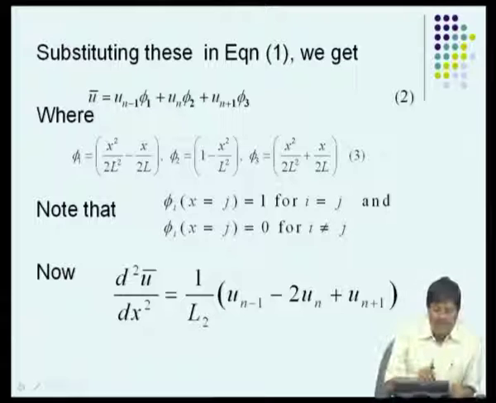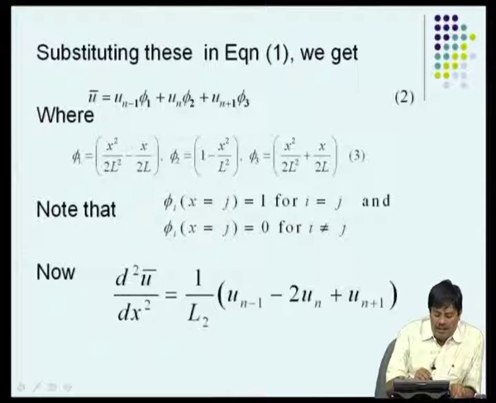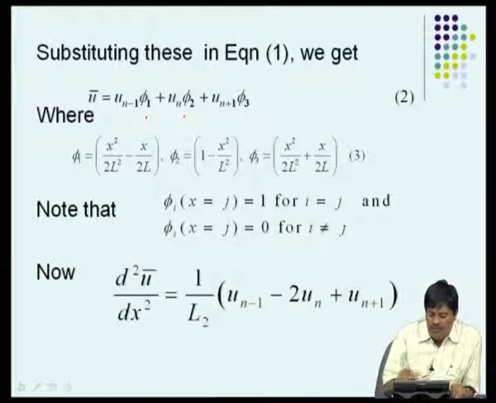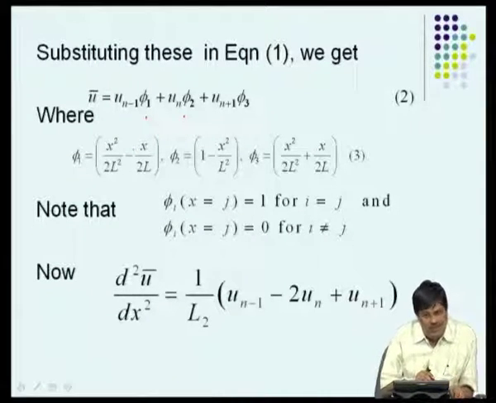So, we plug it back here and we can write the u component as a sum of functions phi i into ui, which is un minus 1 into phi 1, un into phi 2 and un plus 1 into phi 3, where phi 1, phi 2, phi 3 are given by this expression. So, let us look at the property of this.